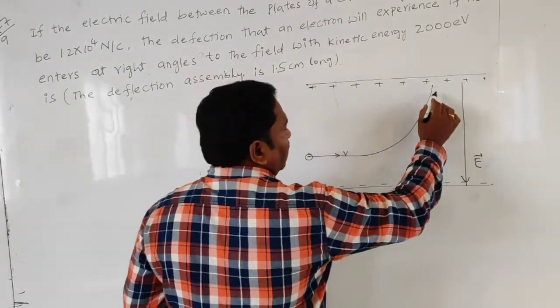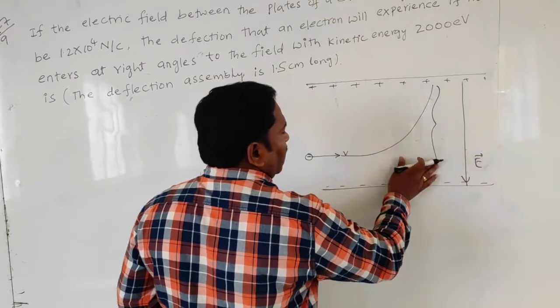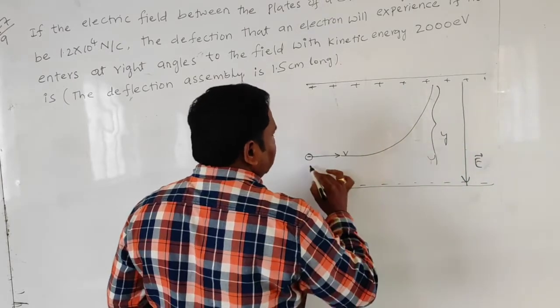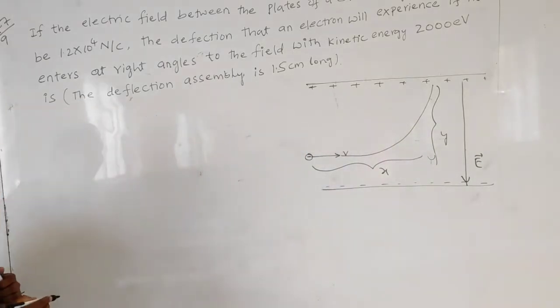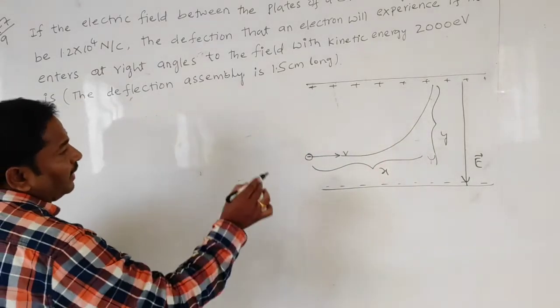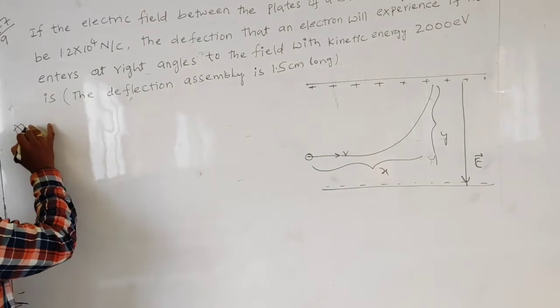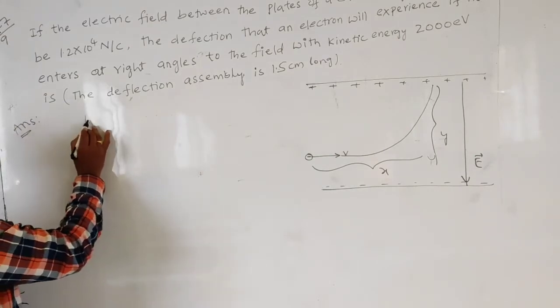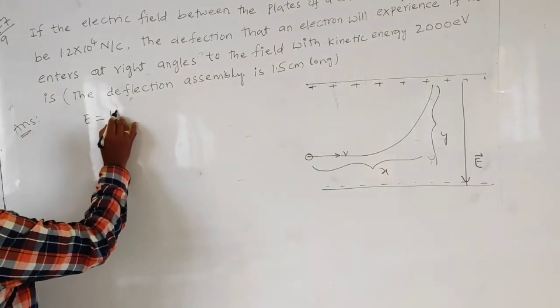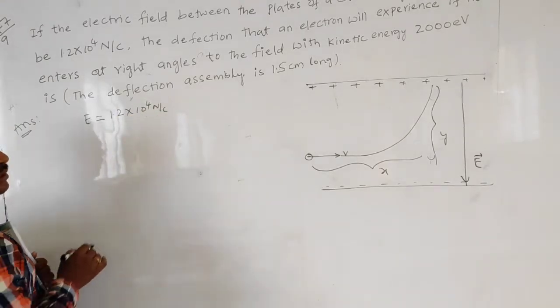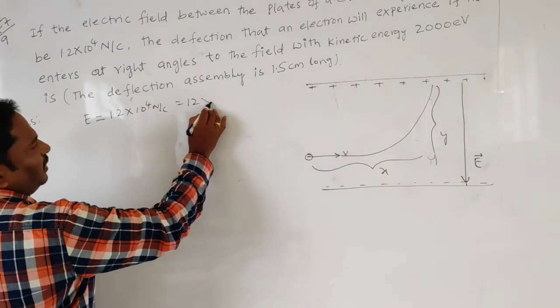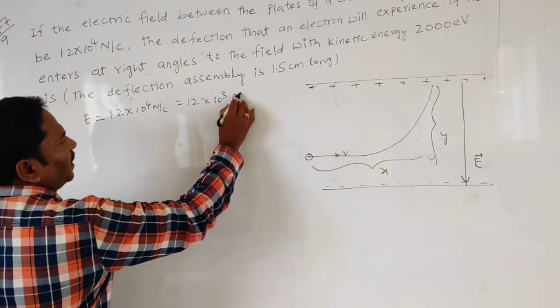Let's say it travels along the y-axis a distance y, and along the x-axis a distance x. And what is the electric field? Electric field E equal to 1.2 into 10 power 4 Newton per coulomb. This can be written as 12 into 10 power 3 Newton per coulomb.